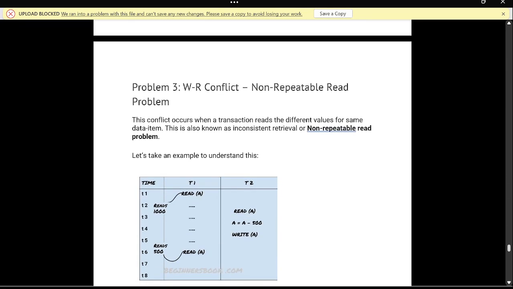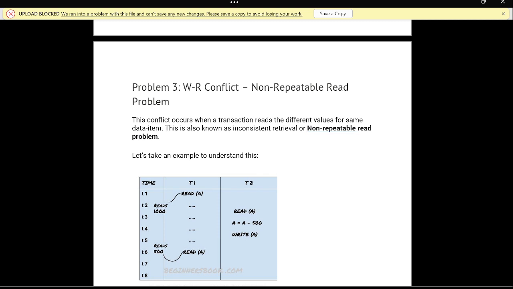And the third very common problem which we see with this concurrency control is the non-repeatable read problem, and it is also called a WR conflict. So this conflict occurs when a transaction reads different values for the same data item. Such kind of errors are called non-repeatable read problem.